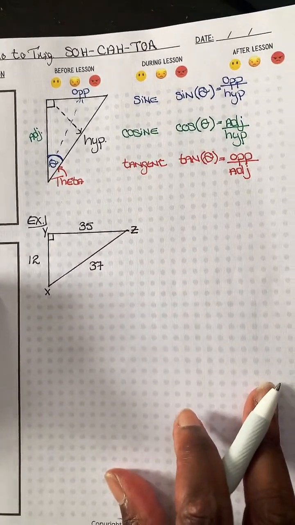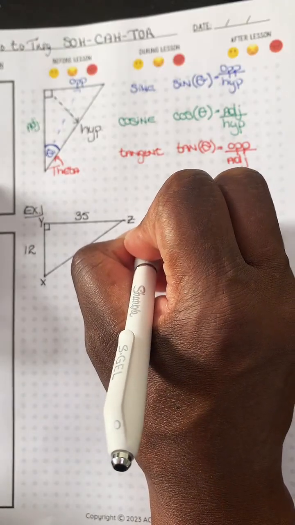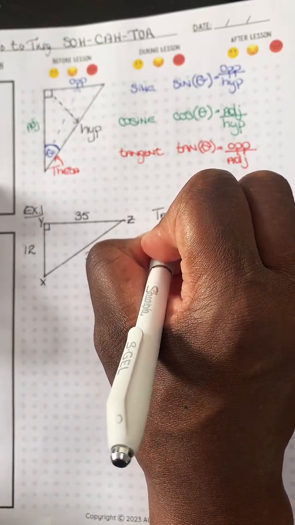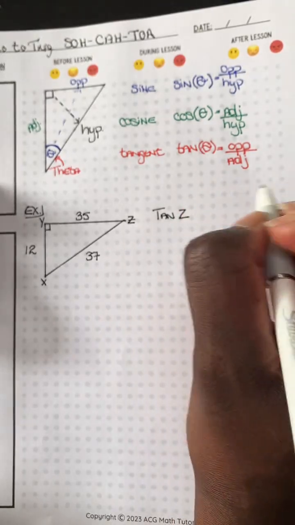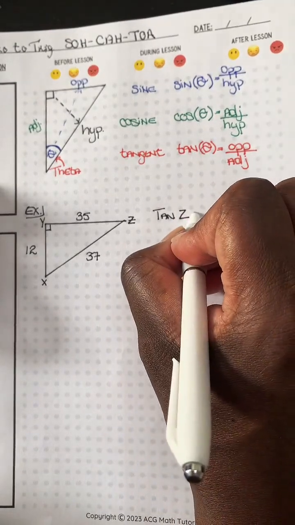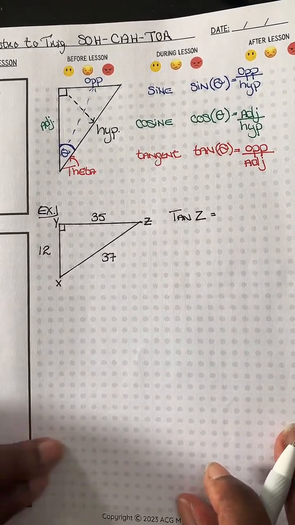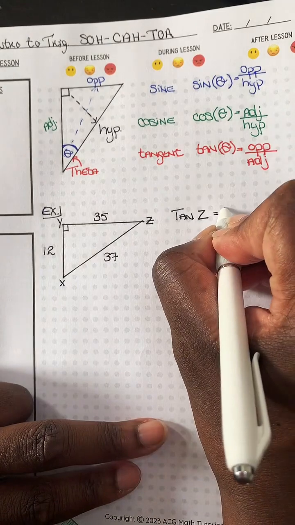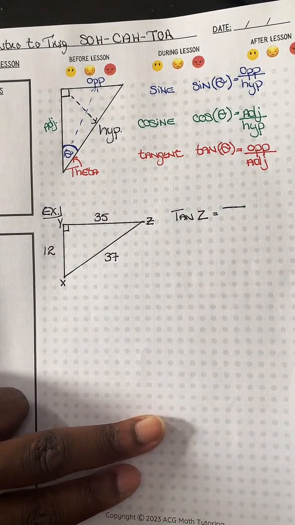So let's say I want to know the tangent of angle Z. Okay, the tangent of angle Z. So you should be giving me a ratio, a fraction.